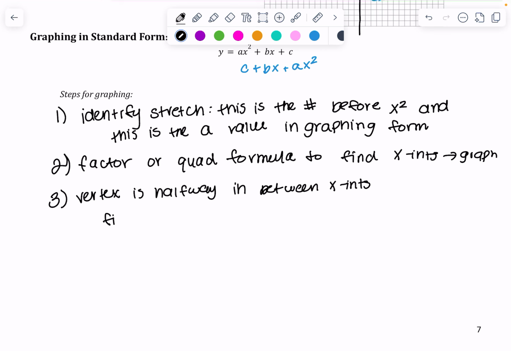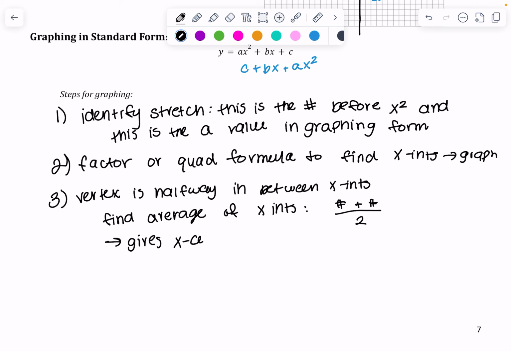So that's one of our x-intercepts plus our other x-intercept divided by 2. And this is going to give us the x-coordinate of our vertex.